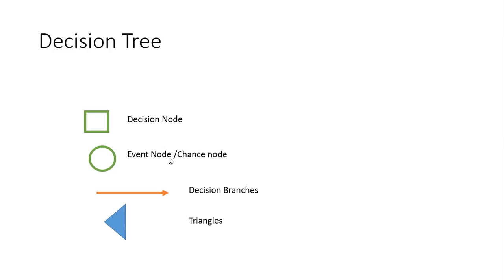Further, we will draw one arrow that will represent the possible events that may occur from this point. So after the circle and before the circle, there are arrows joining the tree. So it is a branch, decision branch. So square, circle, and decision branch.